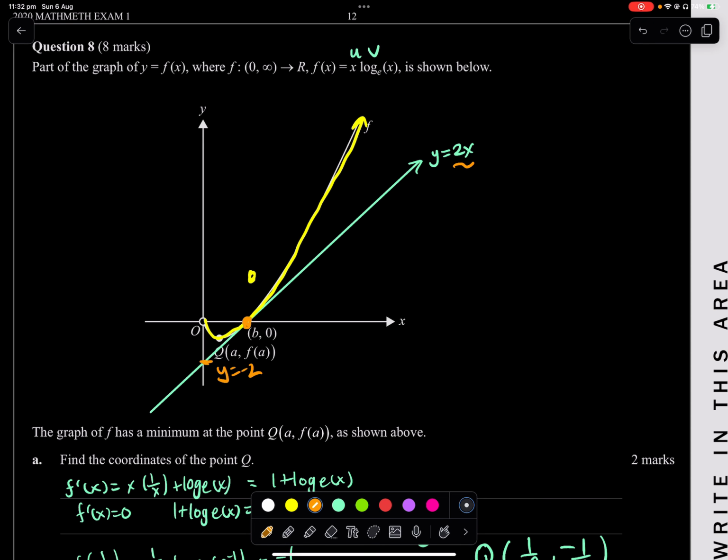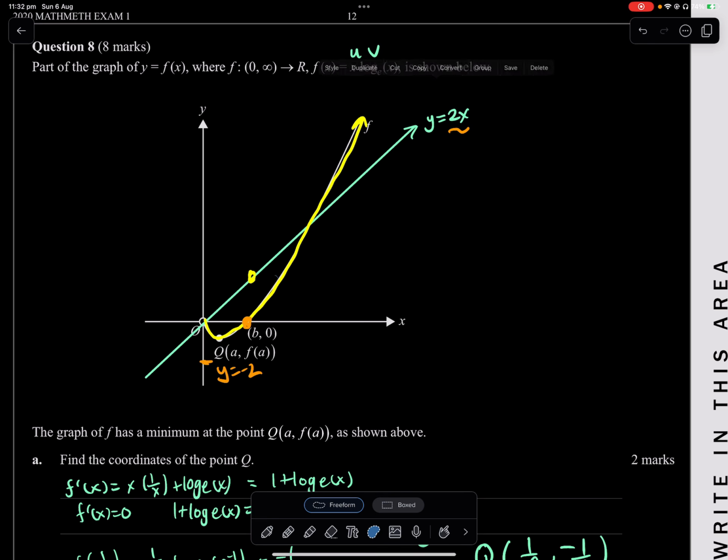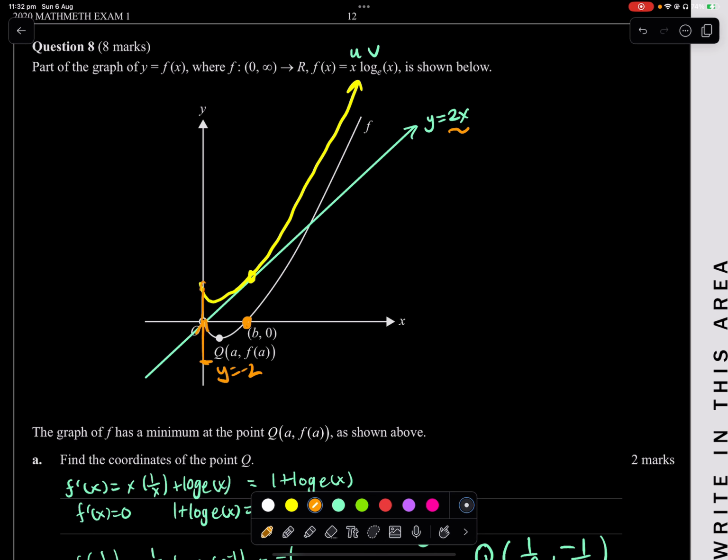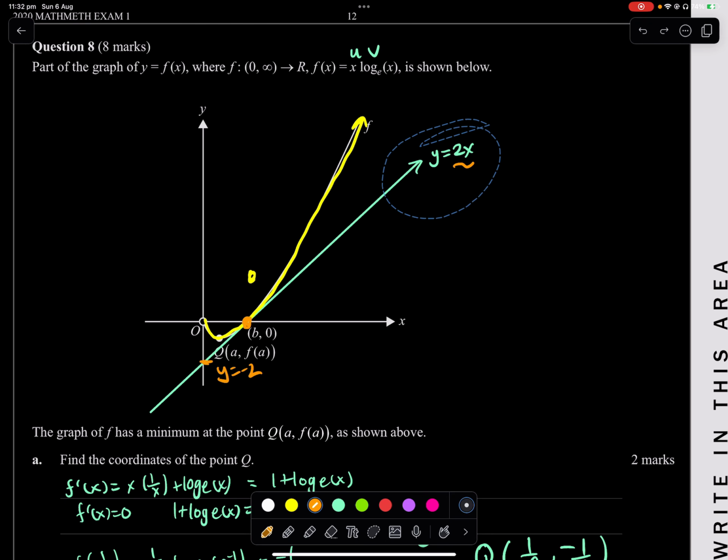It means that if this graph went back to normal, and this was translated some units and was still tangent, this translation up is the same as this over here, which will give us our value of k. So that's a way to do it. Let's do it that way, actually.